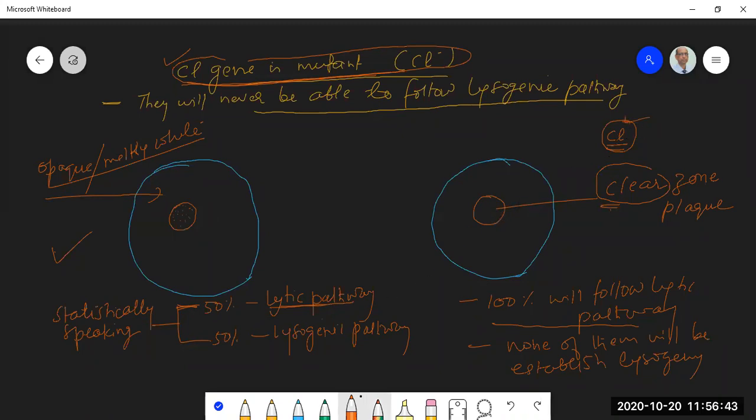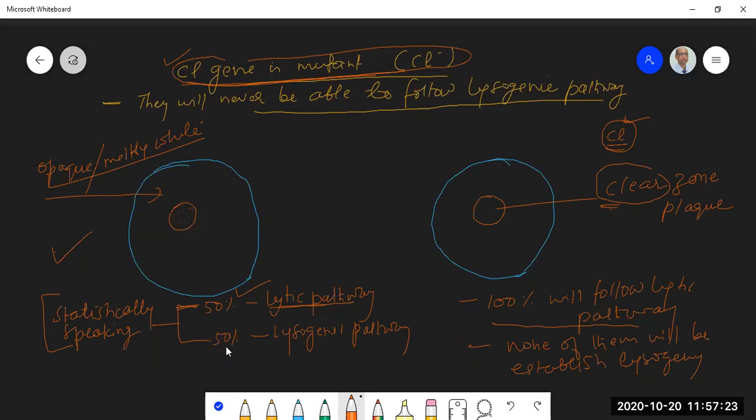All right. I hope you understand this, or should I repeat it? When you infect the bacteria with a wild type bacteriophage and then streak plate it, the next day after 24 hours you will see groups of bacterial colonies surrounded by some clear zones, giving an opaque milky white appearance on the plate. The reason is, statistically speaking, 50% of them have undergone the lytic pathway, made progeny, and killed the bacteria, and therefore you see the clear zone.